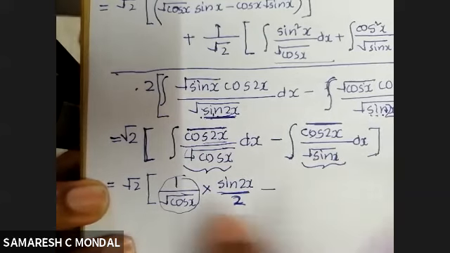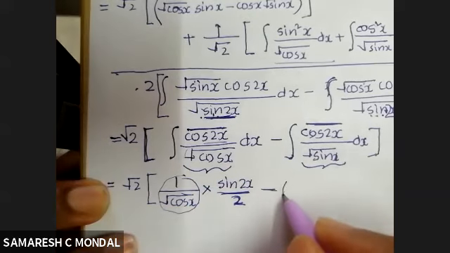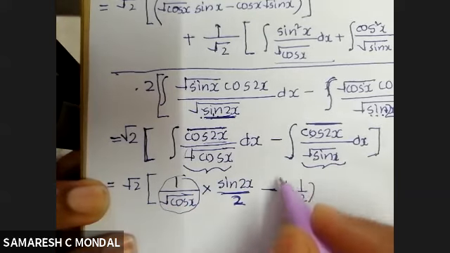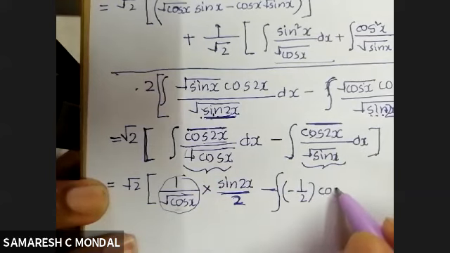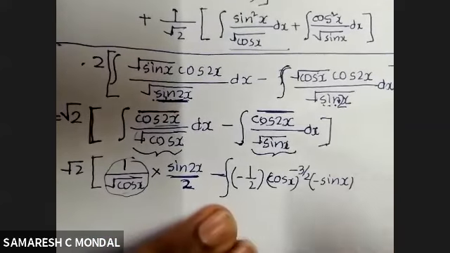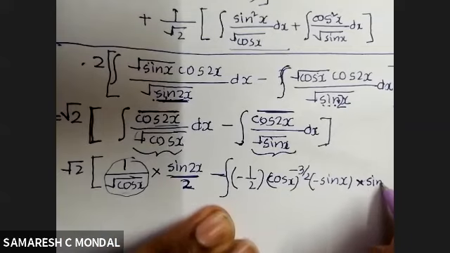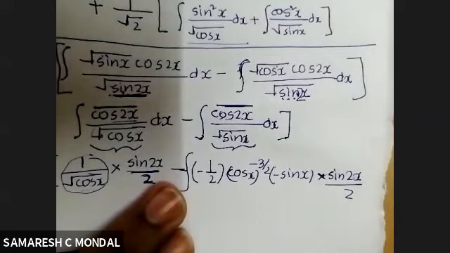Basically, this is cos x to the power minus half. So it will come minus half, and a big integration, I should tell first. Minus half, differentiation of this, minus half, cos x to the power minus 3 by 2 into minus sin x, and whatever is written, sin 2x by 2, and dx.